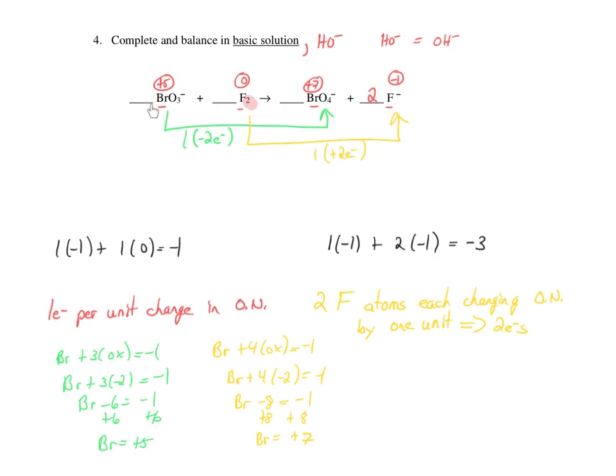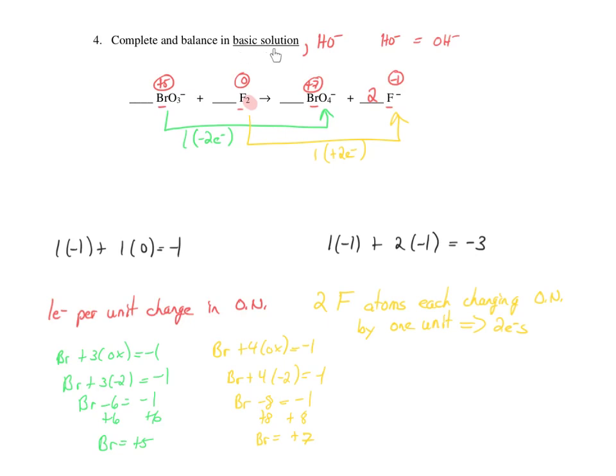We have 1 bromate, has a -1 charge. 1 fluorine has a 0 charge because it's a neutral compound. We have a net charge of -1 on the reactant side. On the product side, we have 1 per bromate ion and 2 fluoride ions for a net charge of -3. So as things are written now, we have a -1 in the reactants, a -3 in the products.